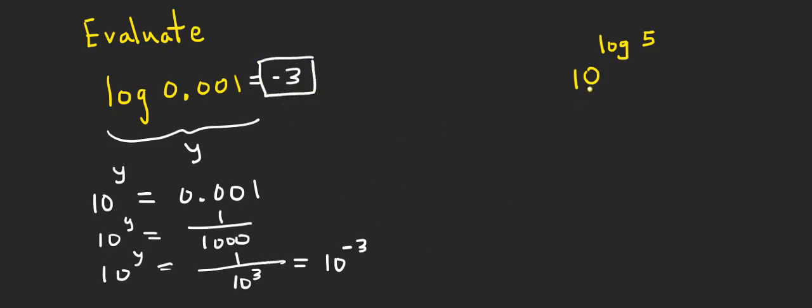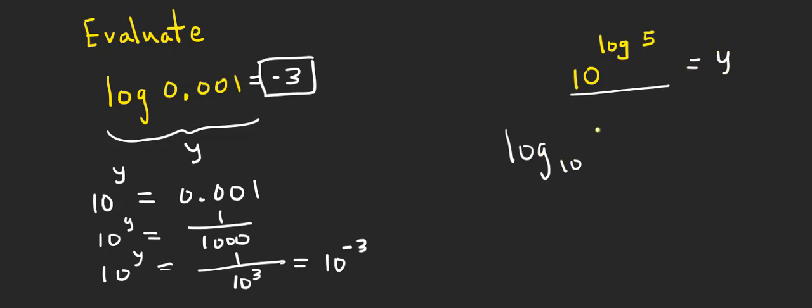Now, what about 10 to the log of 5? This is an exponential form. And remember, this base right here is an invisible 10. So let's change the exponential form into logarithmic form. Let this whole thing equal some value y.